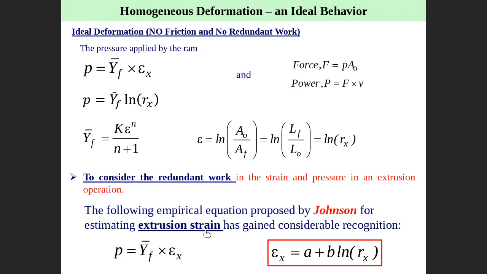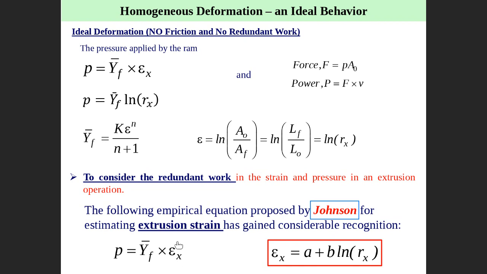But if you consider the non-homogeneous deformation case, then Johnson, a scholar working in this direction, introduced some modification to the equation, which is also pressure equal to Y bar flow epsilon x.